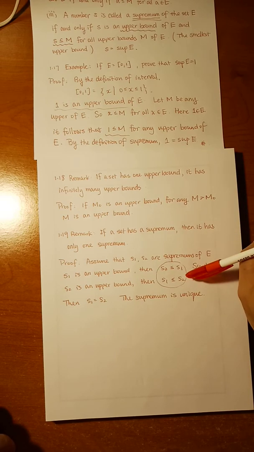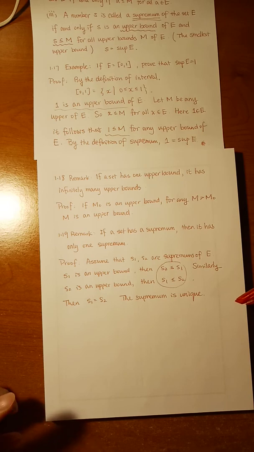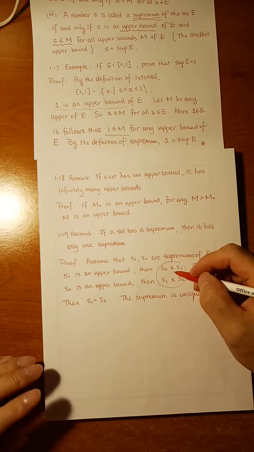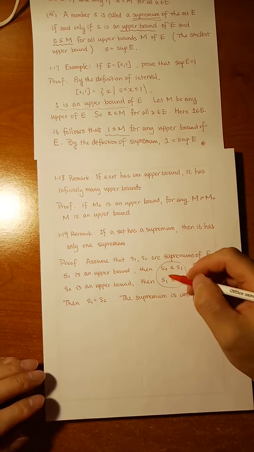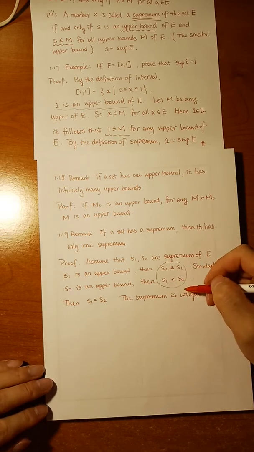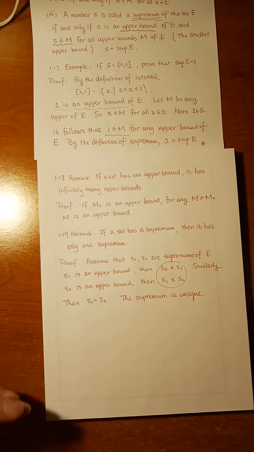So sometimes when we show two things are equal, we prove one number is less than or equal to the other one, and the other one is less than or equal to the first one. Then they have to be equal. Right?